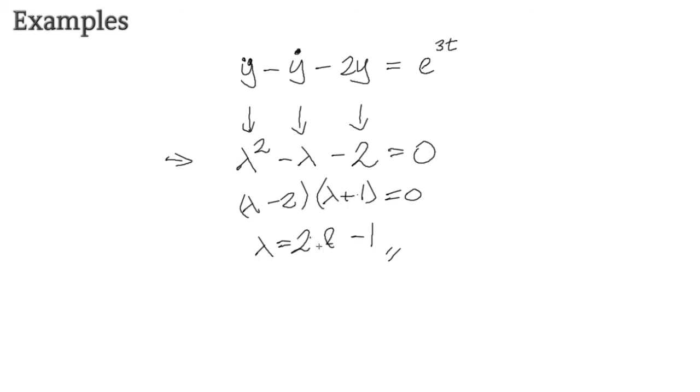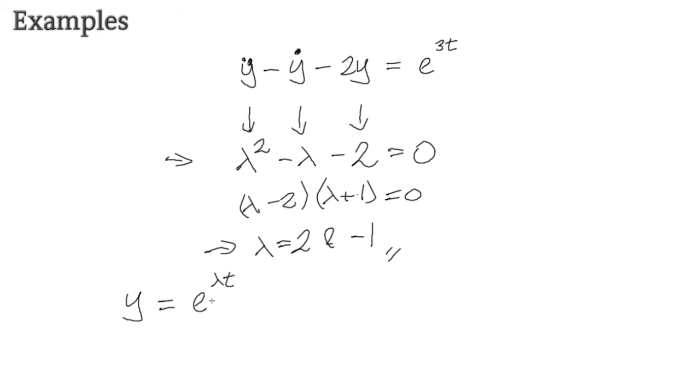With this information, you can trust me on my word that this means you have a general solution y equals e to the lambda t, because this is dot and it's by dt.